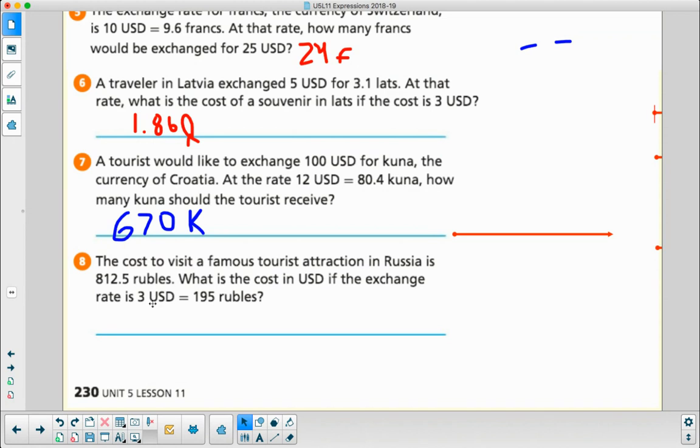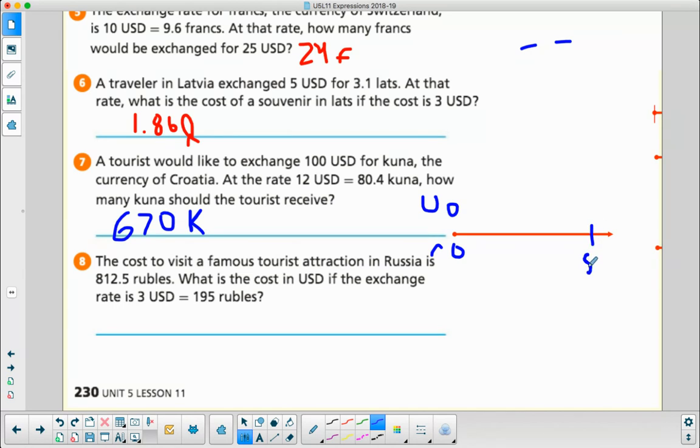Okay, so this is starting to make a little more sense to me because I get a lot of rubles for my dollars. So again, let's start out. What am I going to put where? I'm going to put US dollars on top and rubles on the bottom. 0 US dollars, 0 rubles. Now, I have to pay 812 and 5/10 rubles.